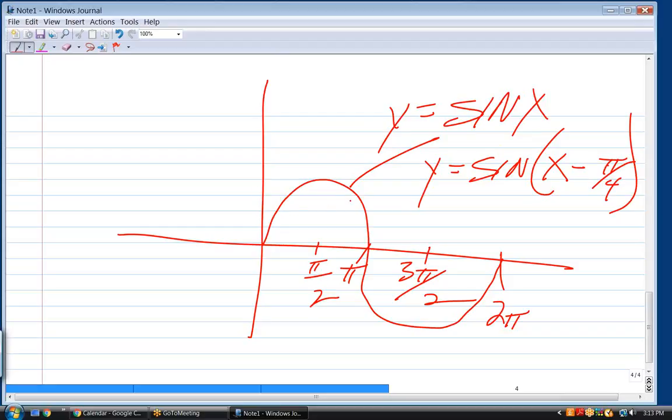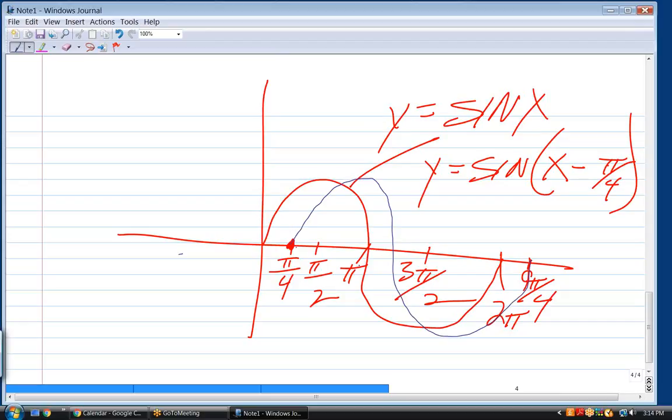We take this exact curve and find where pi over 4 is, and start it there. Our period isn't any different. It's still 2 pi, so we have to go to 9 pi over 4. We draw our curve, and that's what a phase shift of pi over 4 to the right looks like.